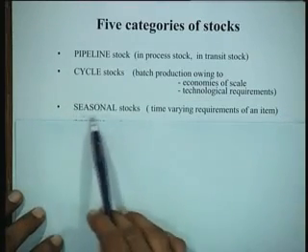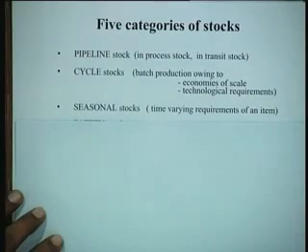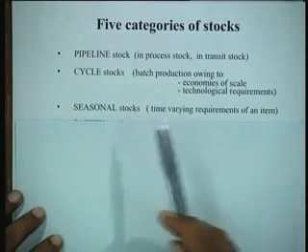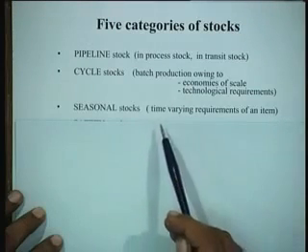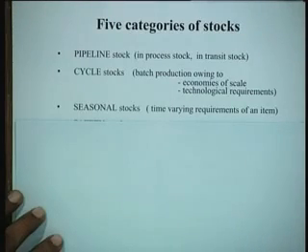The third category of stocks that we talk about, inventories, is what we call seasonal stocks. So these are like time varying requirements of an item. Whenever an item is produced, you require probably these stocks in much greater demand, or whenever raw materials are available, you stock them. For instance, agricultural products which are produced in various seasons, what do you find?